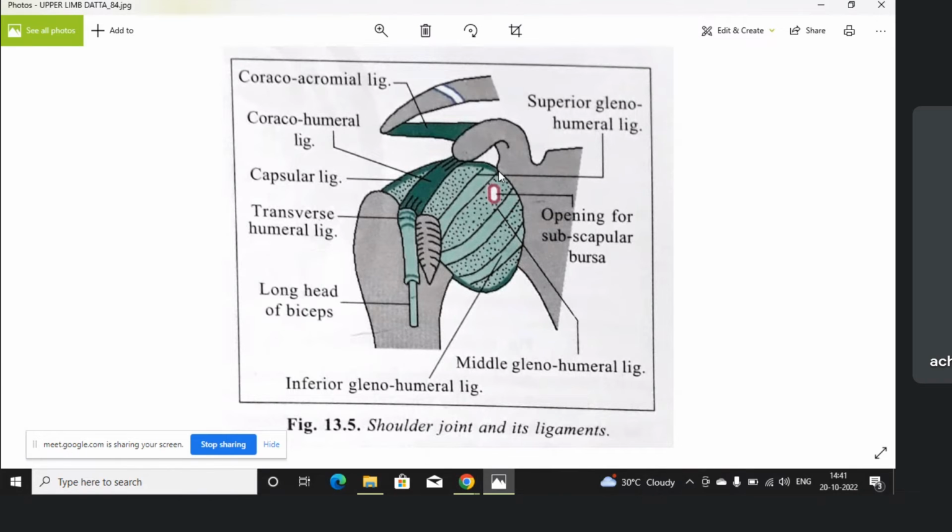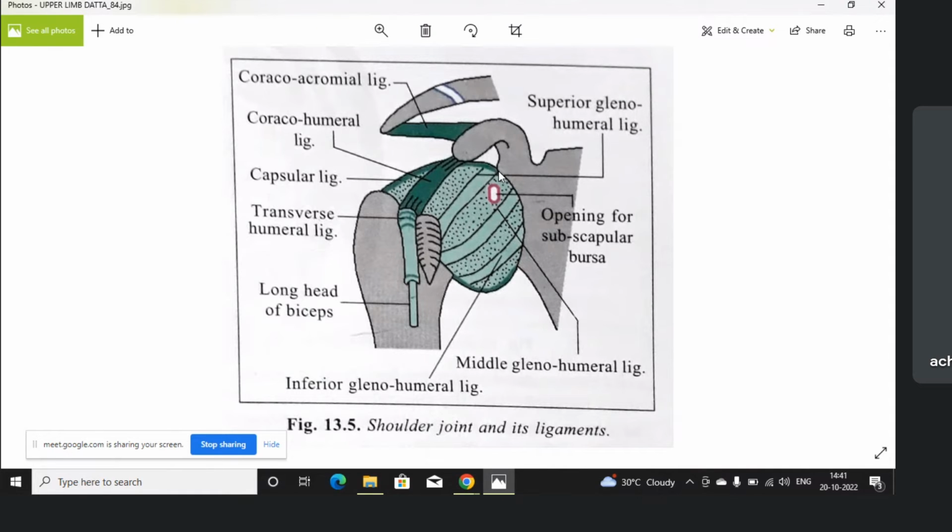Medially it is attached to the medial lip of the intertubercular sulcus. Beneath this ligament there is the presence of the long head of the biceps.